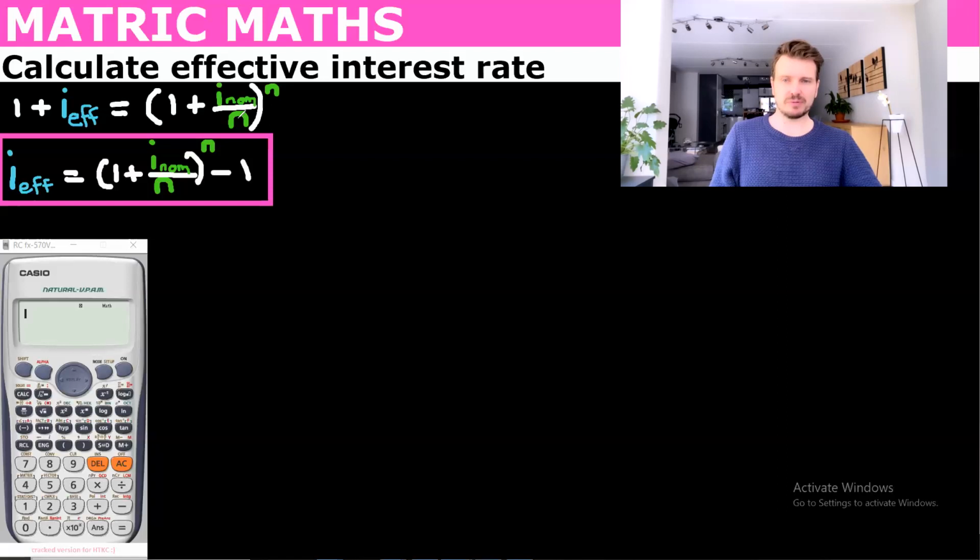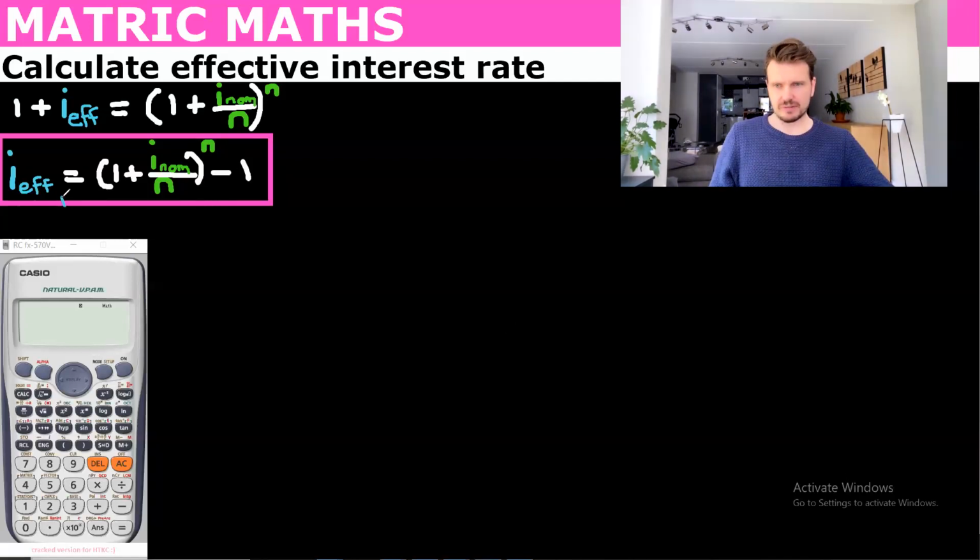So, for example, if it was annually, if you were compounded daily, then you would say the interest rate divided by 365 days in a year to the power of 365. Or if it was monthly, you would then say I would be whatever the percentage was, but then the n would be 12. And that is how you would then calculate it.